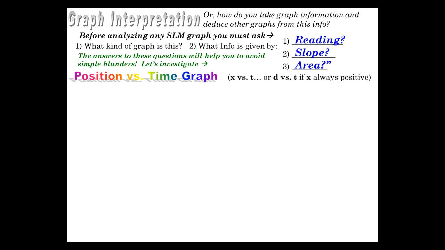So, position time graph, we can call it x versus t. That's just position. Or d versus t, displacement versus time. If x is always positive, you're only going in one direction, you never reverse direction, then it's displacement just as validly. So here's our x versus t graph.